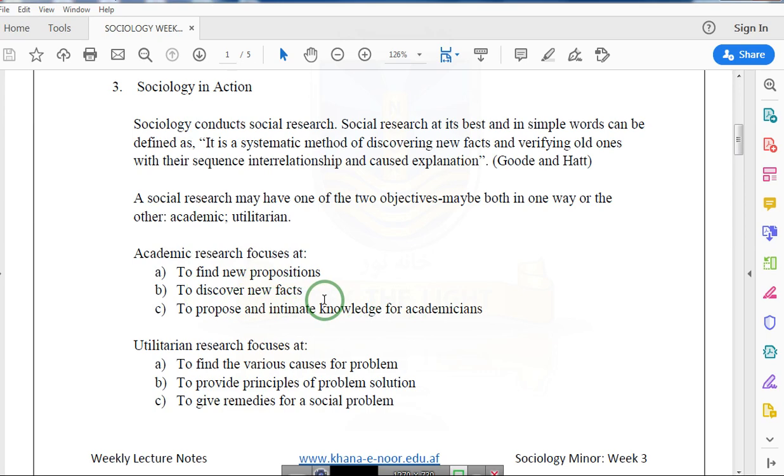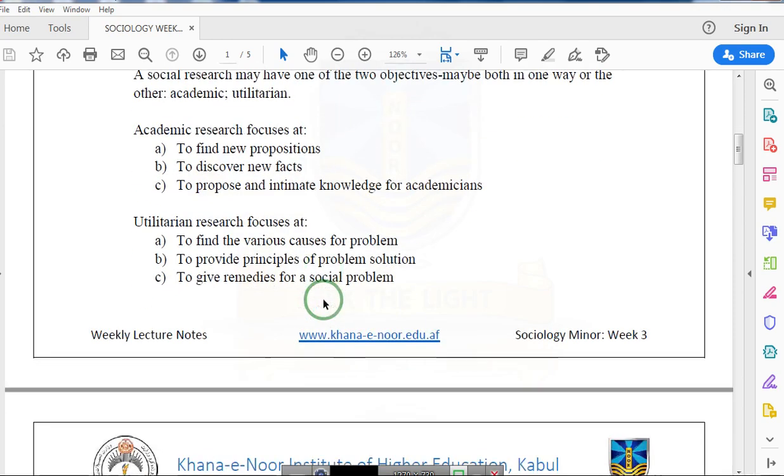The more we carry out such pure academic research, the more objective and the more universal the body of knowledge gets to be.